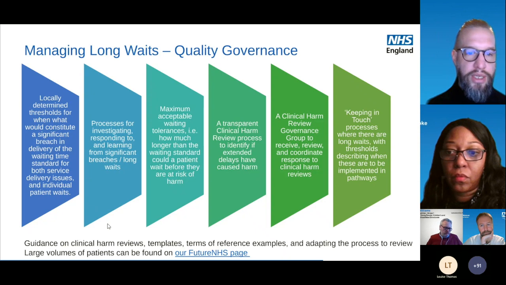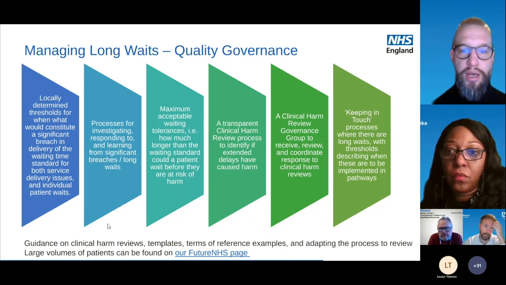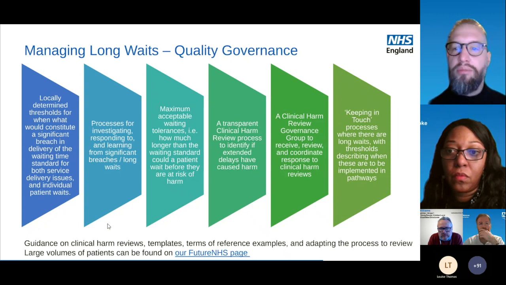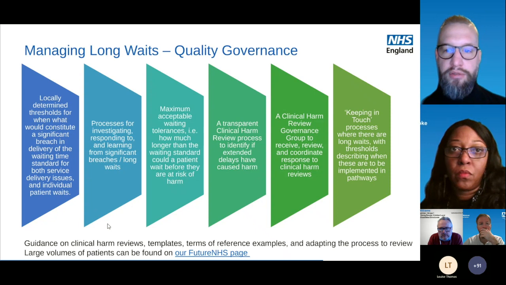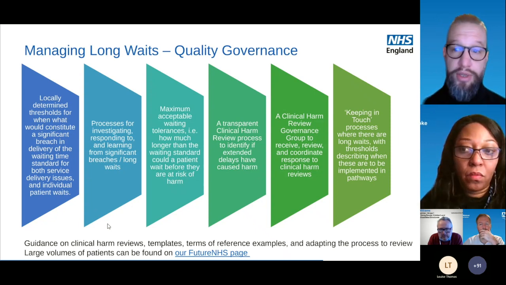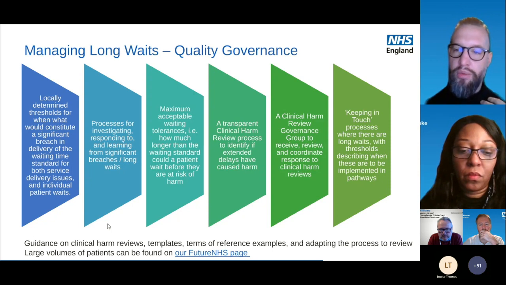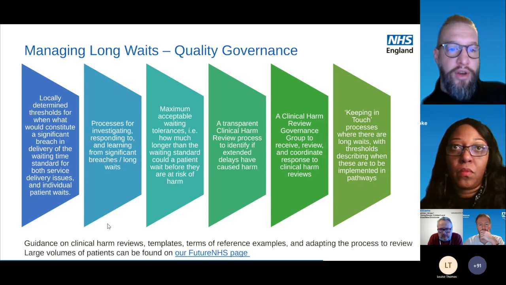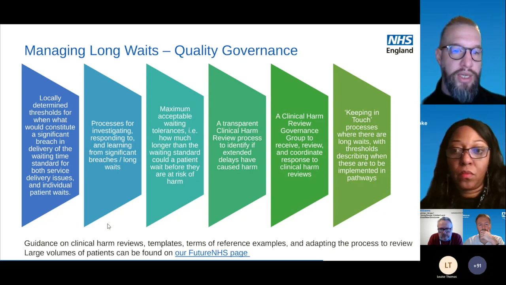Secondly, you will need processes for investigating, responding to, and learning from long waits. Moving forward, that should form part of your patient safety incident response plan as people implement the patient safety incident response framework, and we'll need to use systems-based investigative approaches to looking at these.